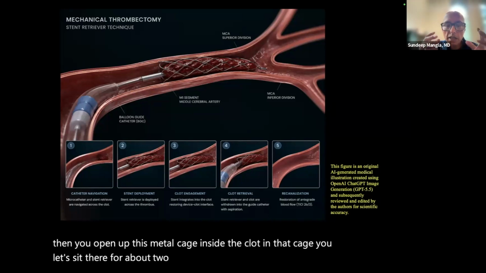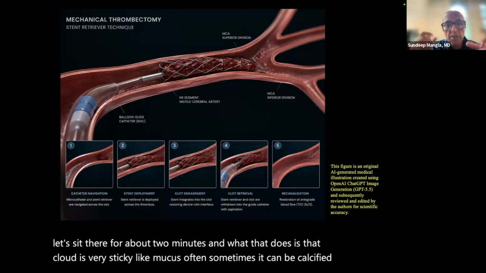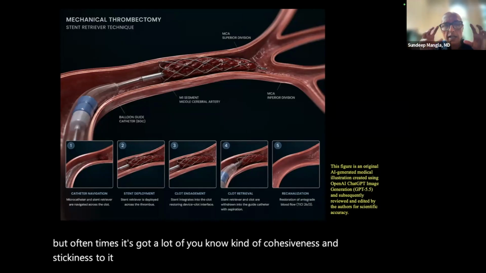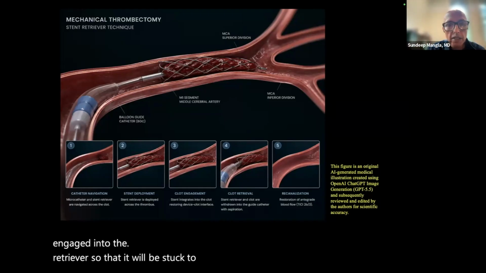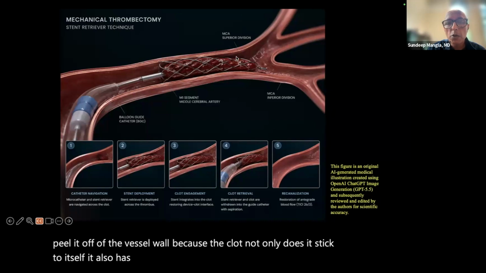And what that does is that clot is very sticky, like mucus, often. Sometimes it can be calcified, but oftentimes it's got a lot of cohesiveness and stickiness to it. And what you're trying to do is get that clot engaged into the stent retriever, so that it will be stuck to it. And then you slowly peel it off of the vessel wall, because the clot not only sticks to itself, it also has what we call adherence and sticks to the vessel wall.